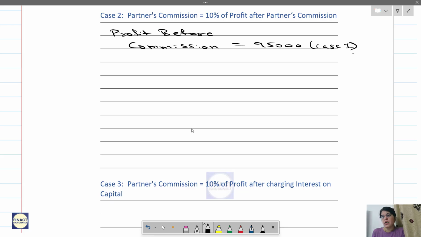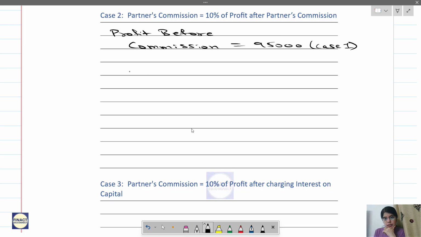Same thing. So now whenever I need to calculate profit after commission and commission is also not there, and your profit after commission is also not there, two unknowns, in that case what will be my formula?